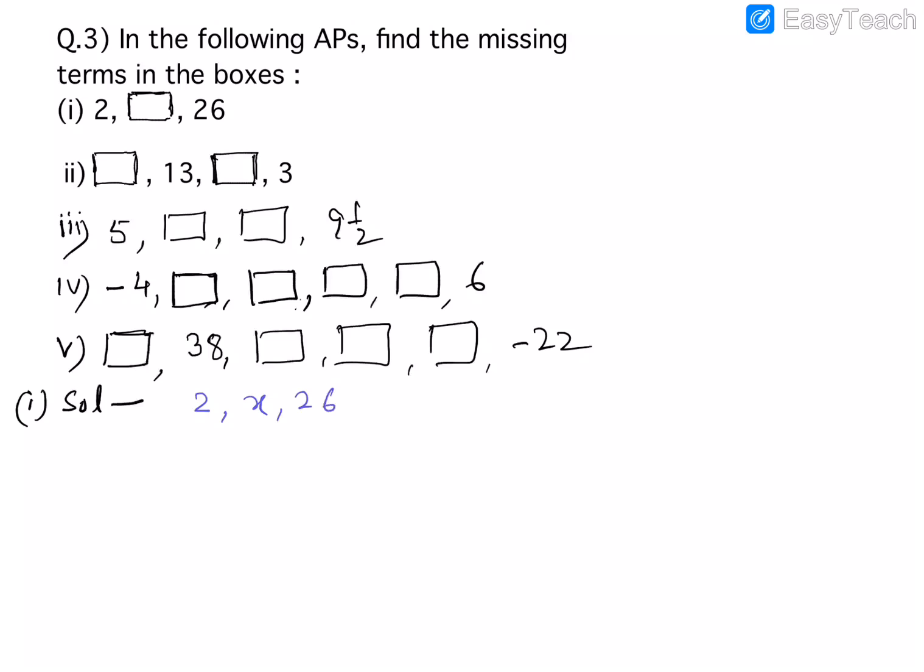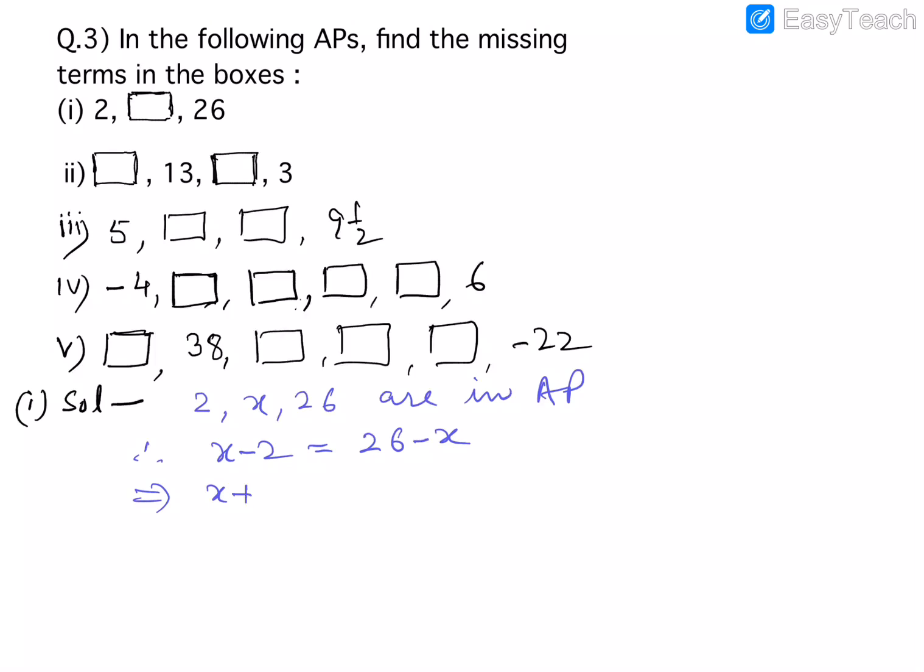2, x and 26 are in AP, and therefore the common difference will be the same. So x minus 2 is the common difference, and this is also the common difference. So both the common differences will be equal.